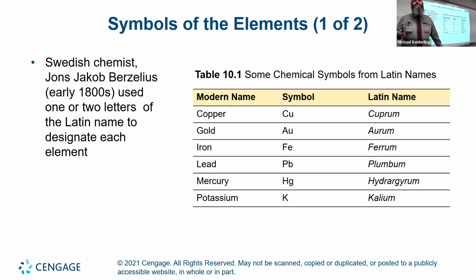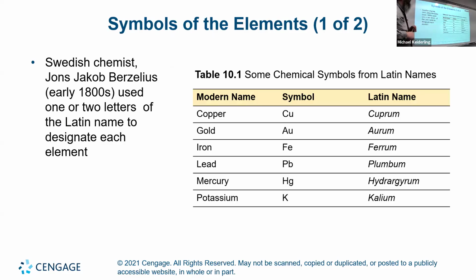We've now defined elements as the most basic sort of atom, things that can't be changed by chemistry. And we have symbols for elements. The Swedish chemist John Jacobs Berzelius in the early 1800s used 1 or 2 letters of the Latin name of various elements to designate each element.